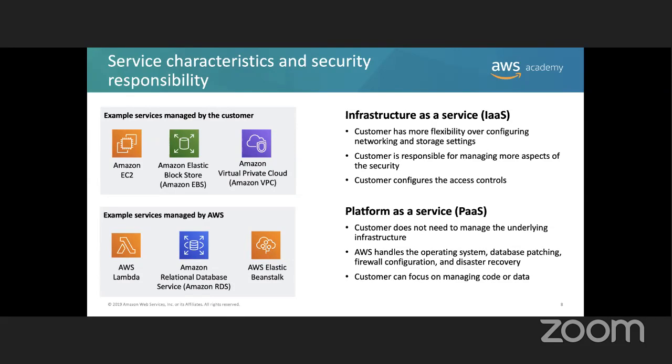Are we using Oracle? Whichever of the 6 engines that RDS supports, we choose. The underlying platform is not going to be managed by us. It's going to be managed by AWS. Okay, so it's a managed service.